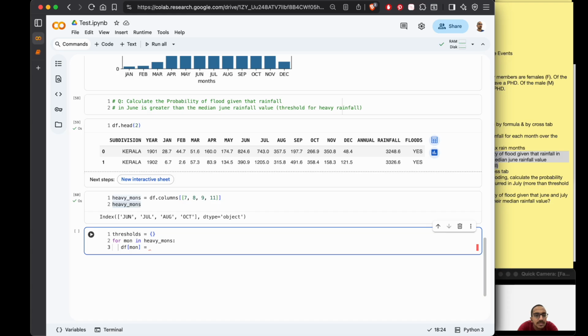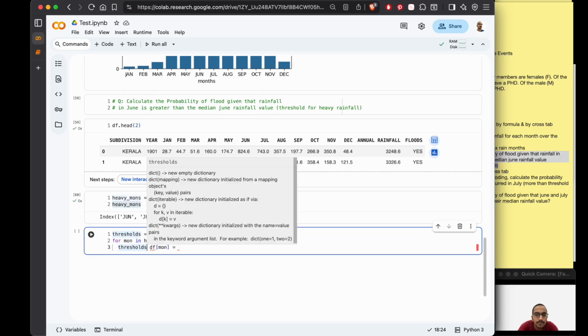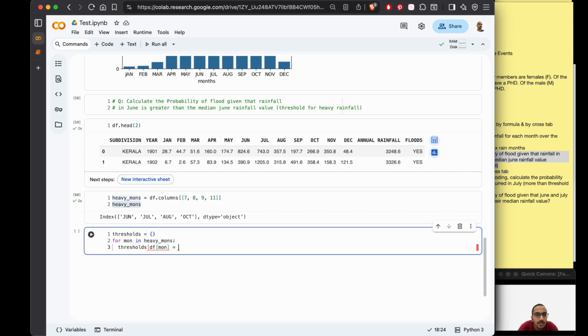So I will say thresholds. I will create a map of month and the threshold value, which is the median, month and median value of the month.